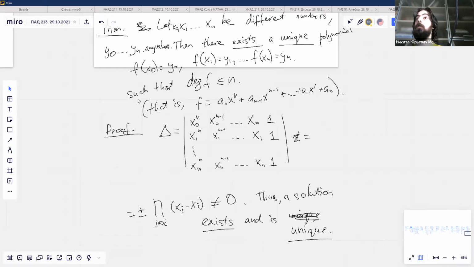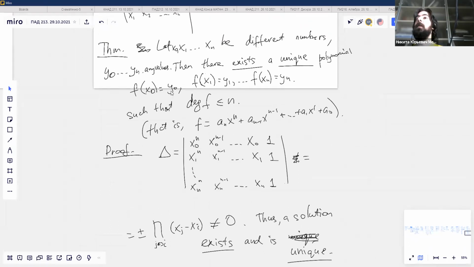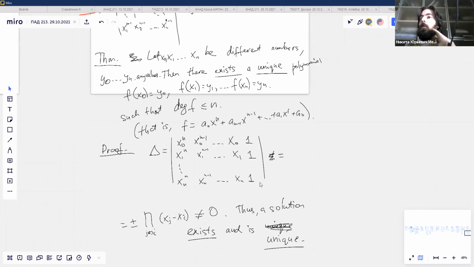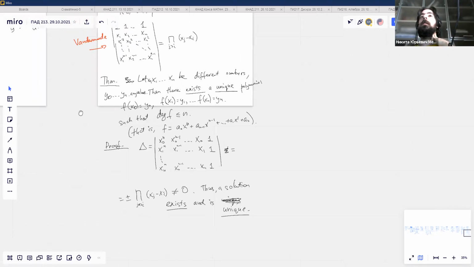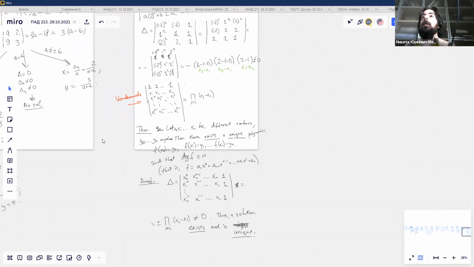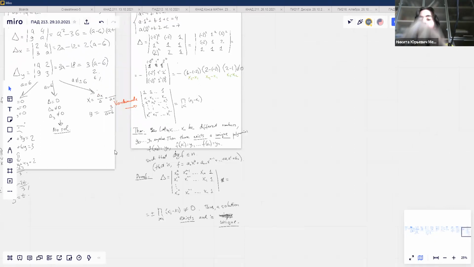But still, it's nice to know that this problem is always solvable. That's what I wanted to talk about, to show you some use for Cramer's rule and for Vandermonde determinants simultaneously. I think we are more or less done for today. We've done many exercises. If there are any questions, please ask.